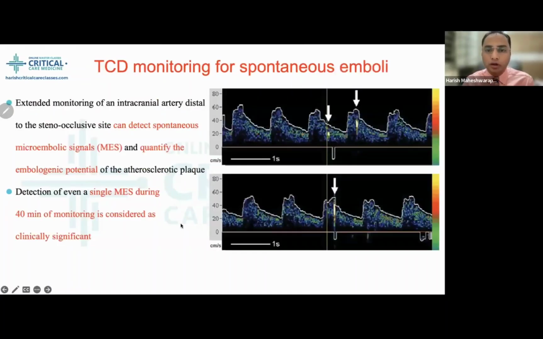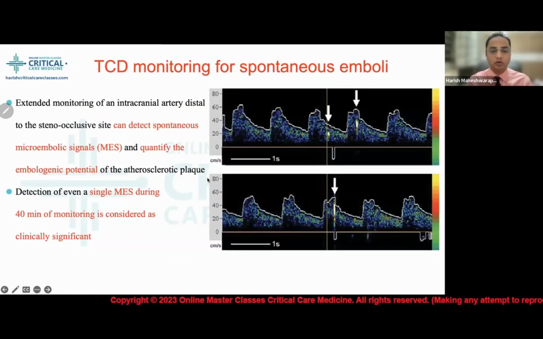Okay. So TCD monitoring for spontaneous emboli. Some microembolic signals we are able to identify by TCD. Extended monitoring of an intracranial artery distal to the steno-occlusive site can detect spontaneous microembolic signals, which we call MES, and quantify the embologenic potential of atherosclerotic plaque.